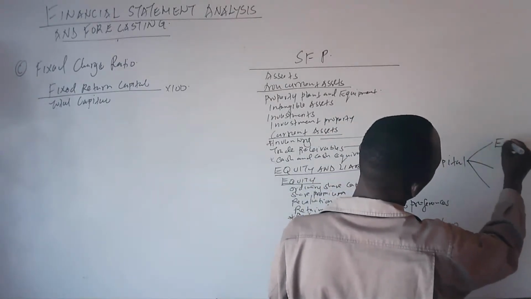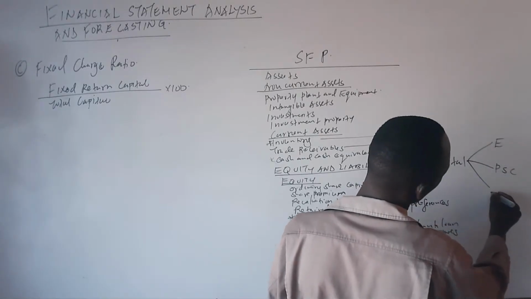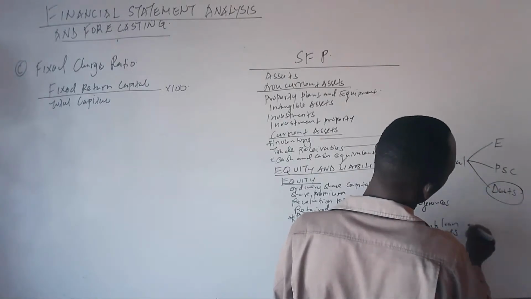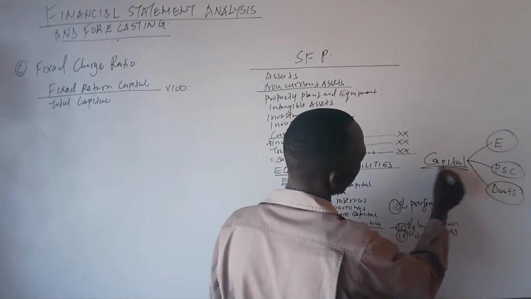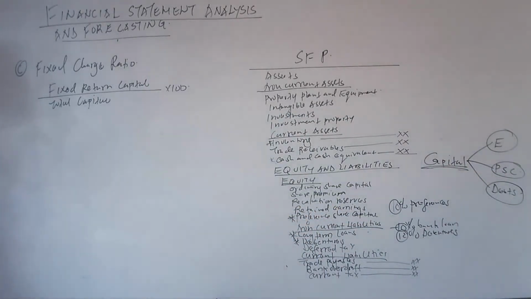Using equity, using preference share capital, and also using debt. So when you take the debt plus preference plus equity, you get the total capital. That is the capital which we are going to be talking about.